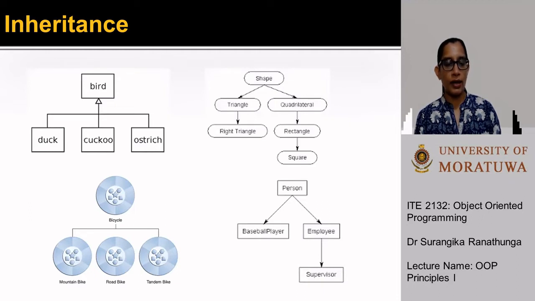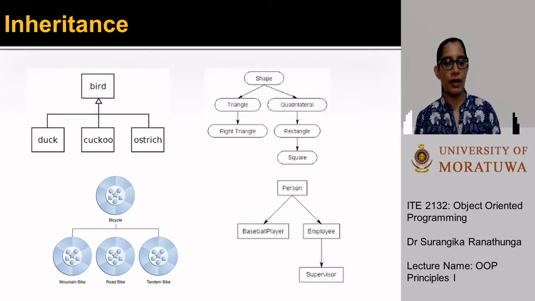Then duck and cuckoo add a new method on top of that, the fly method, which was not in the main superclass. That means the duck and cuckoo extend the bird. They get all the properties of the common superclass bird, and on top of that they extend.